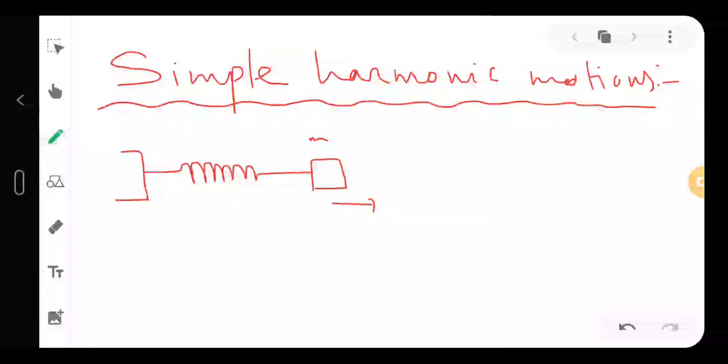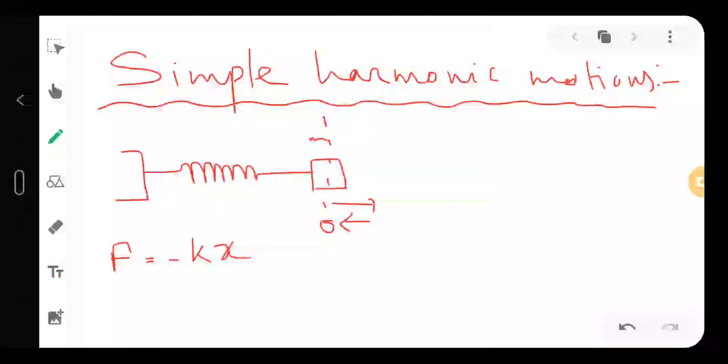All the time the restoring force will be towards the equilibrium point. So if this is the equilibrium point O, when it goes that side, the restoring force will always be towards O. So we know that F is equal to minus kx in this case.